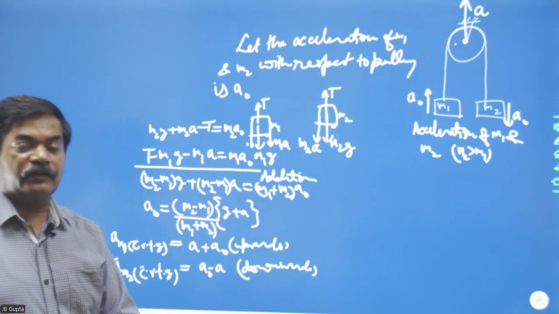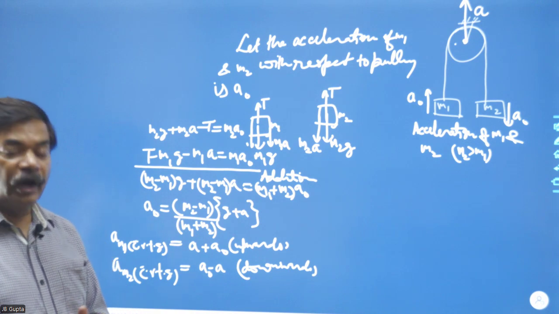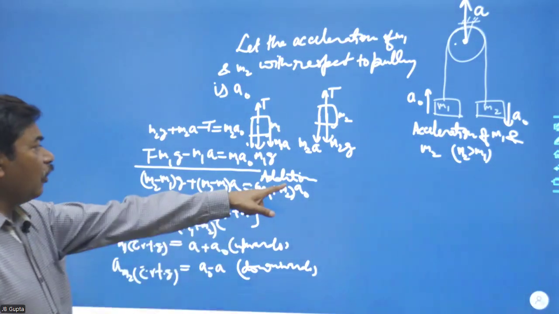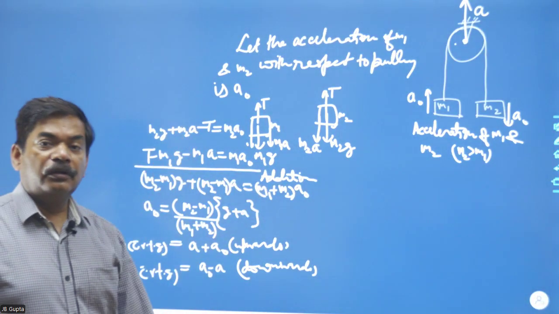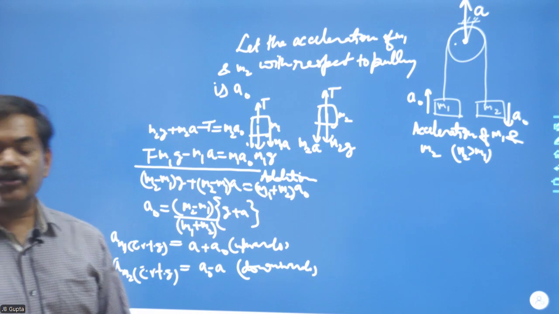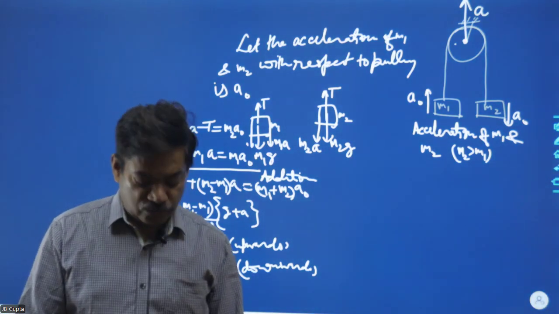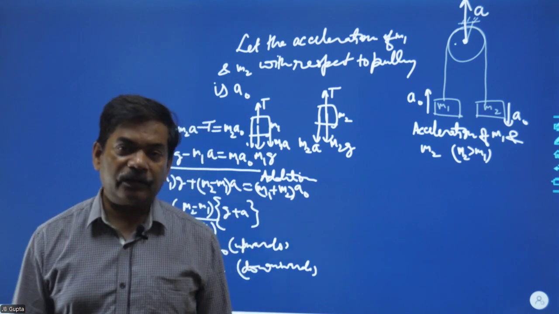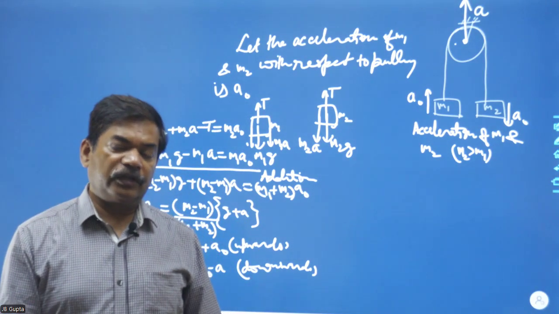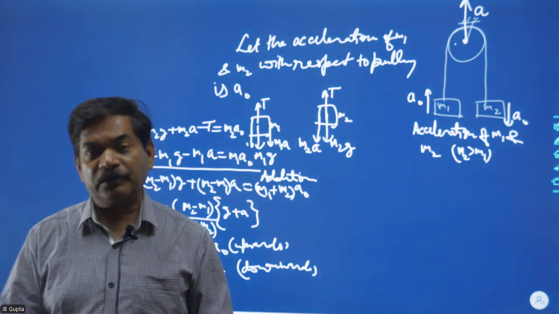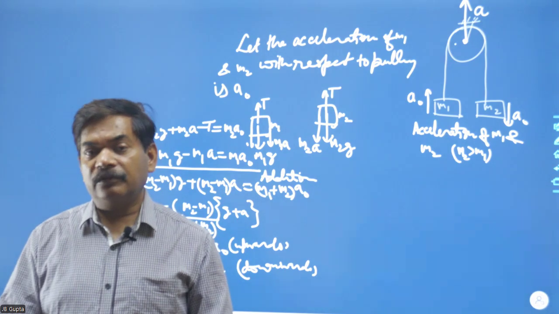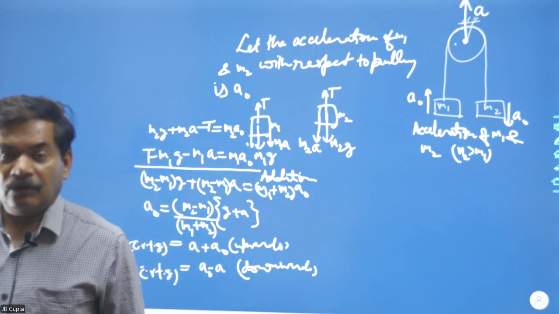Then get the acceleration of M1 and M2 with respect to ground. You can also find the value of T by putting the value of A0 into one of the equations. So students, this was the concept for today. Do it, and there will be many more problems based on a similar concept which you can attempt. All right, all the best students.